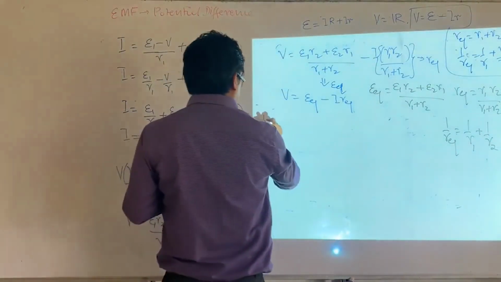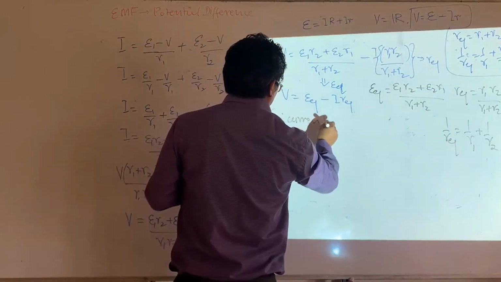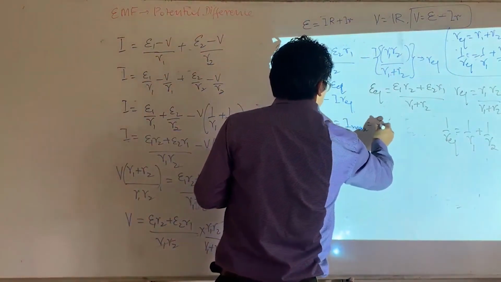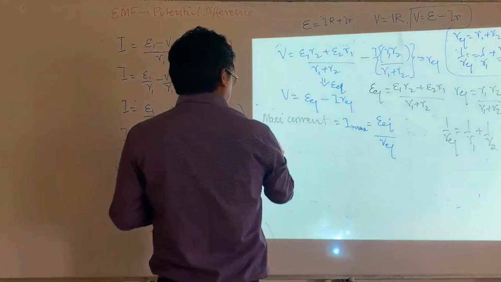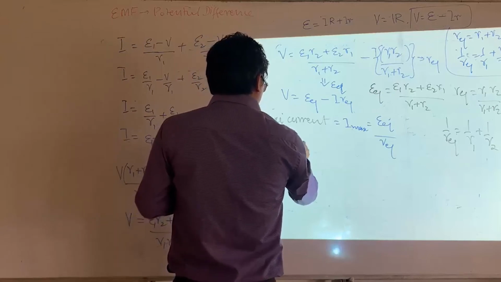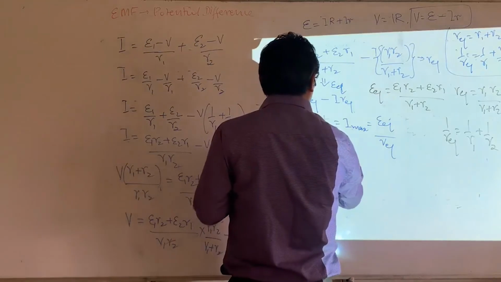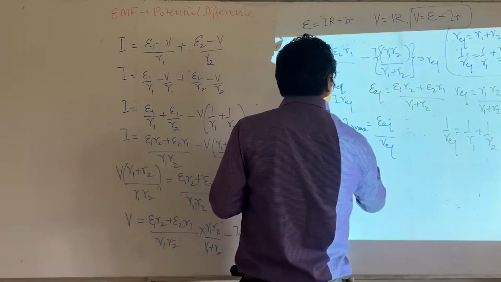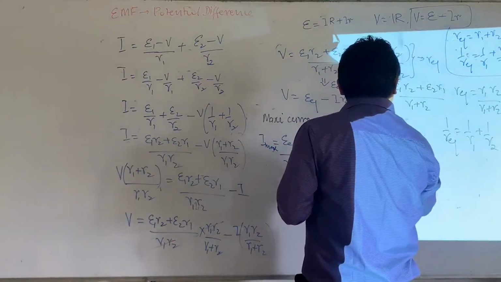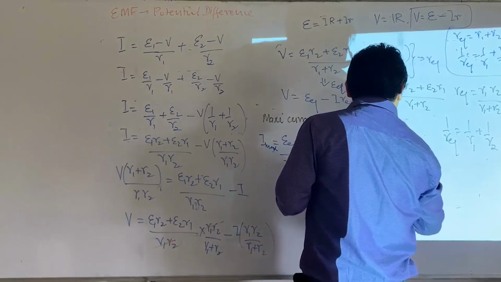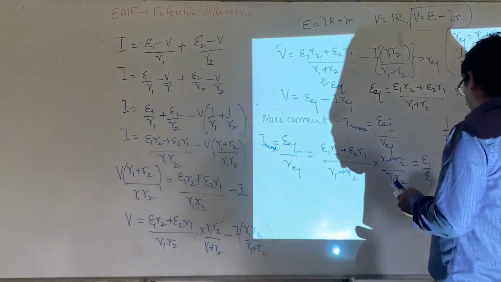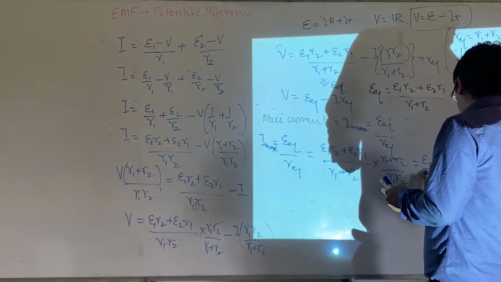So the maximum current which can be drawn from the cell, I max, is going to be equivalent EMF divided by equivalent internal resistance, and this is going to be R2 plus R1 divided by R1 R2, divided by this R1 plus R2 divided by R1 into R2. These two cancel out.